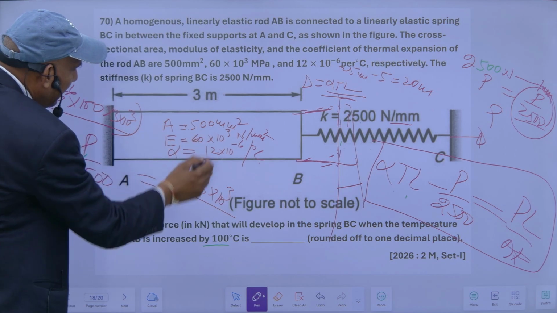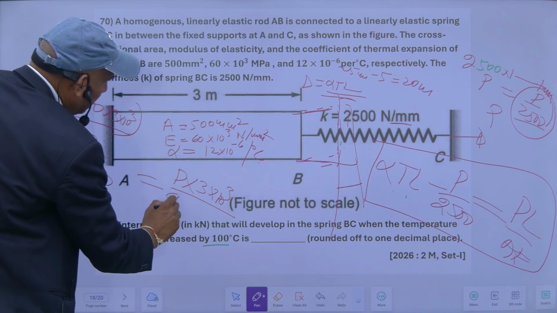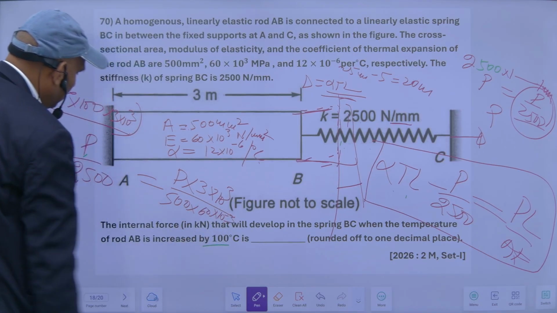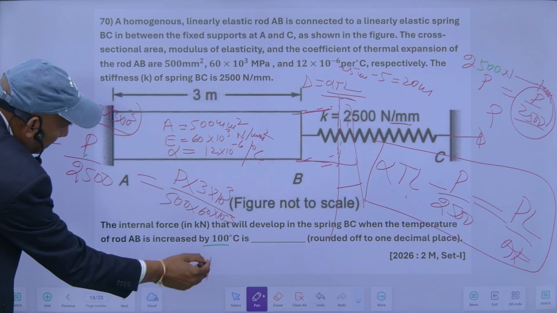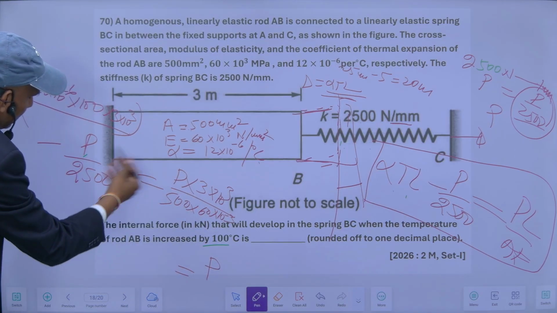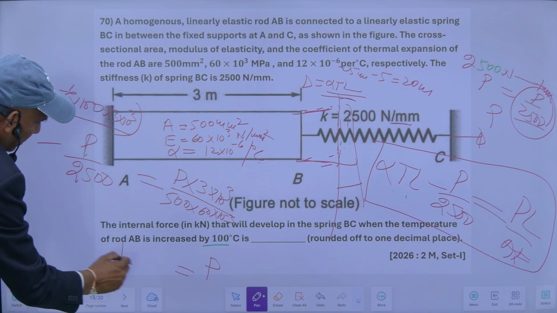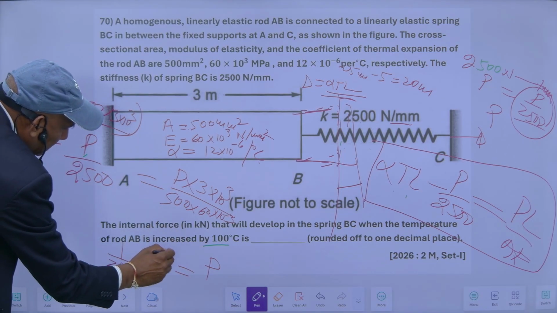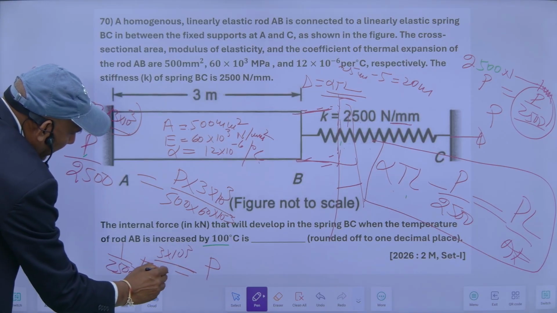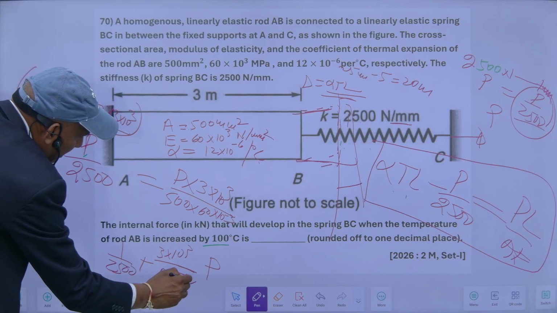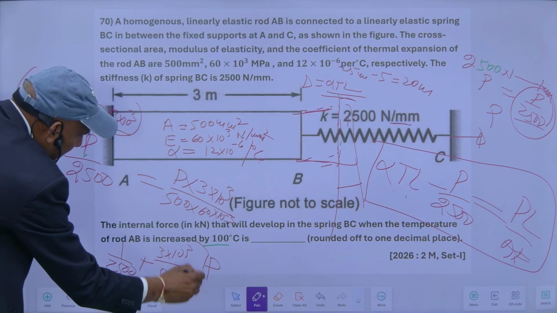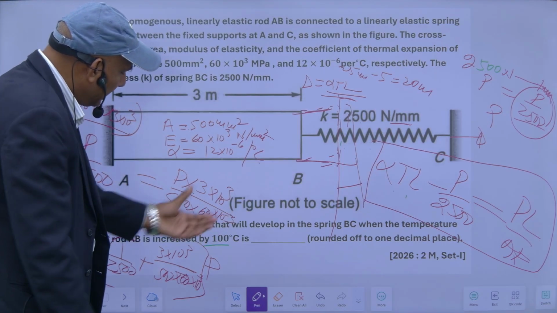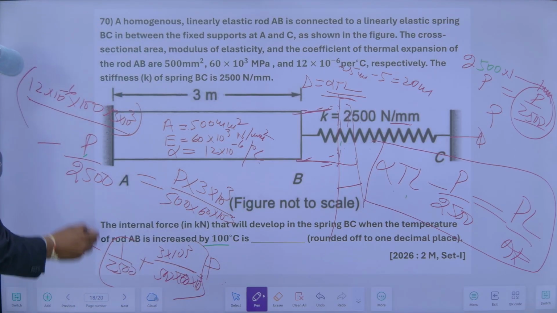AE is equal to 500 area into E. So if I take P, this I will consider, this will be 1 upon 2500 plus this much upon 500 into 60 into 10 raised to power minus 3. This I will take common. So if I take it on the left hand side, this will be P, and this should be equal to this much on the right hand side.